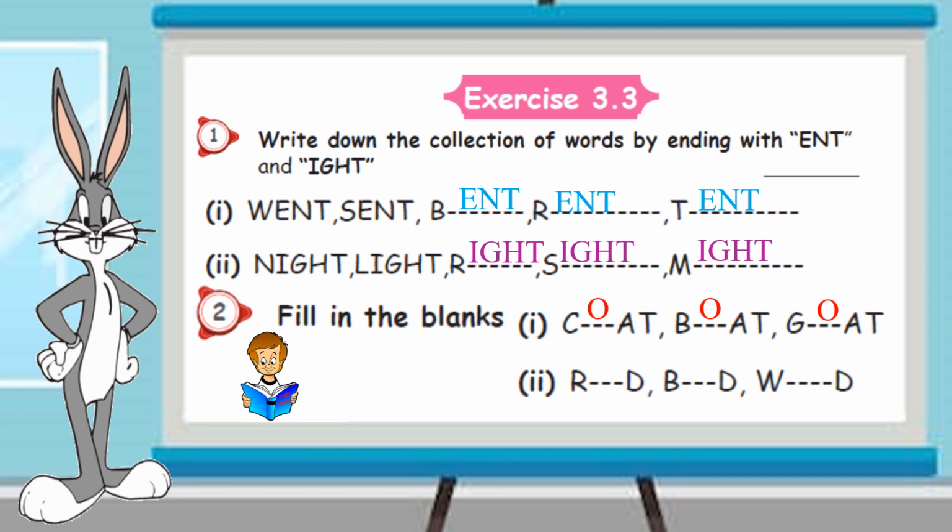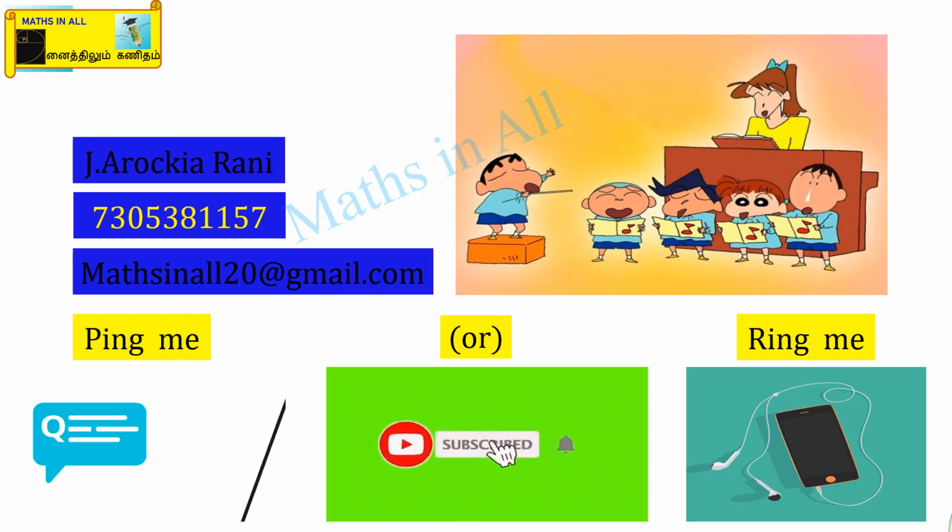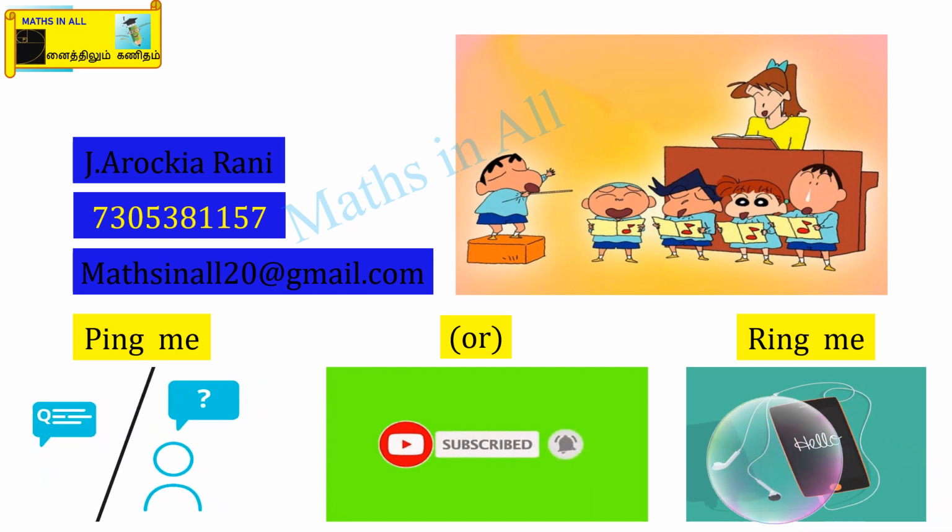If I fill with E, sure it's not possible. So try to find out if anything is given extra. Okay. Second one, RD, isn't it? So RED, red. Yes, it fits all. So RED, red. BED, bed. Then WED, wed.